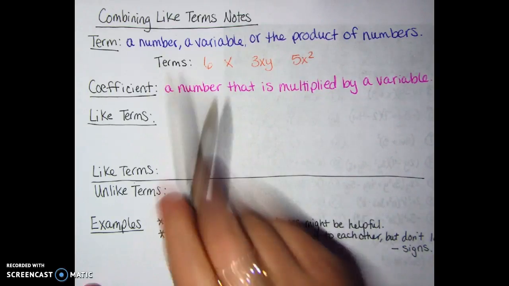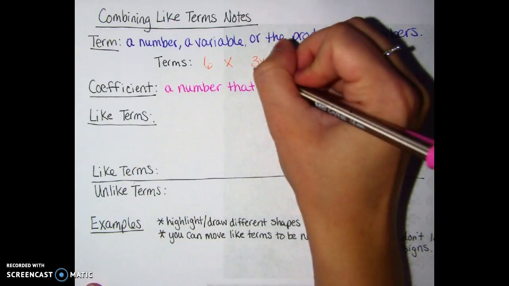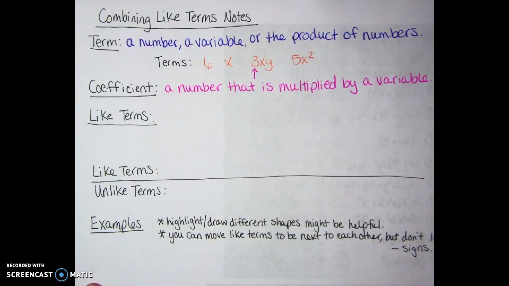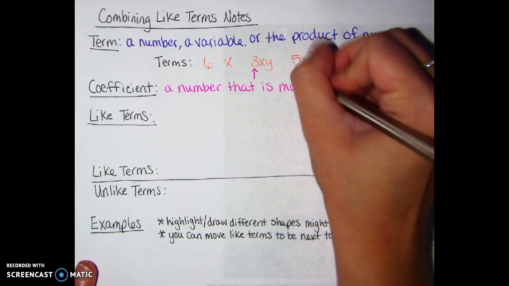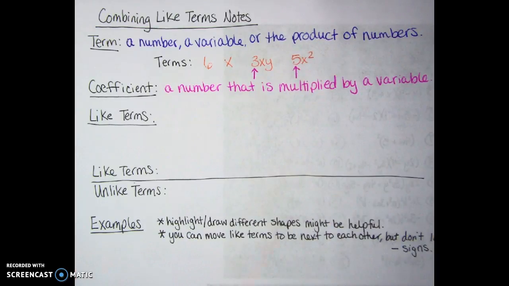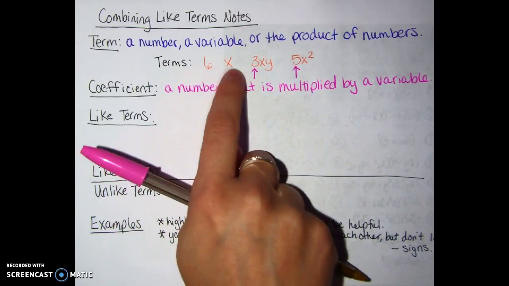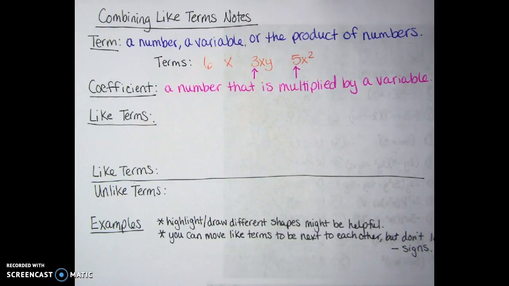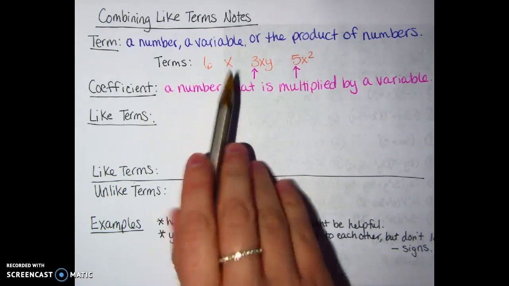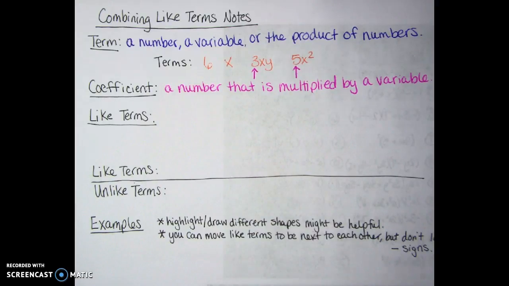And the coefficients in these terms up here, one of them would be that 3xy, or just the 3, I'm sorry. Just the 3 is the coefficient, and here the 5 in front of the x squared is the coefficient. These two are not coefficients because they're not attached to a variable. Technically there is a 1 in front of the x, but we don't need to call that one out.